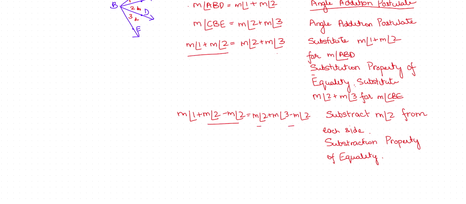Now we know the measure of angle 2 minus angle 2 will be 0, and this will also be 0. So the measure of angle 1 will be equal to the measure of angle 3. Okay, this is what we had to prove using the properties.